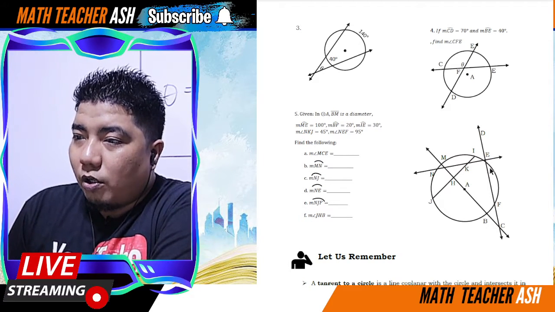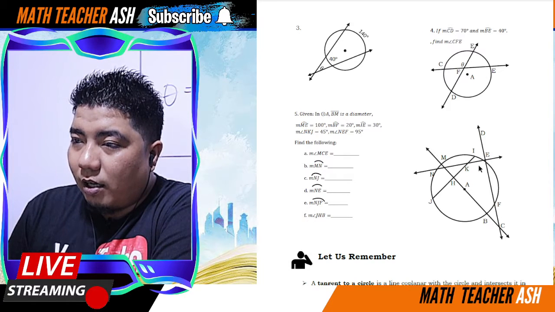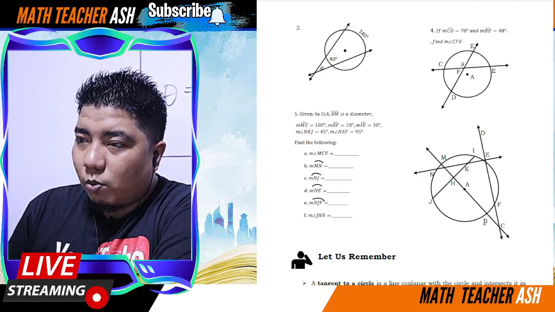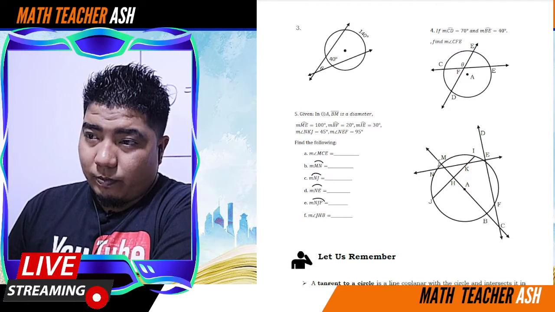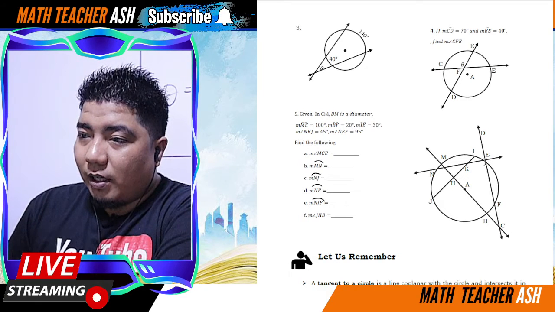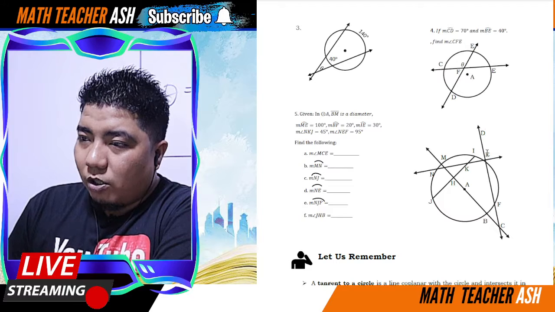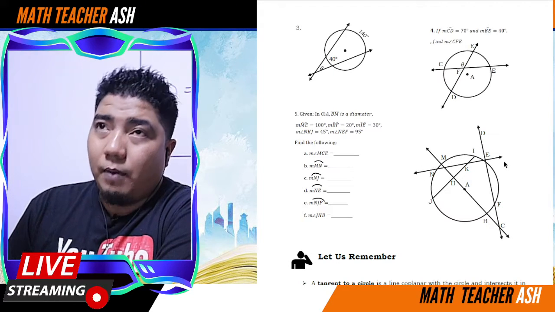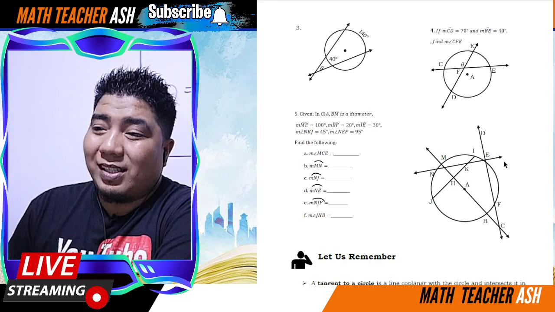Okay. So, if this is 95 degrees, okay? If this is 95 degrees, this is 190, right? Now, of course, ang counterpart ng 95 degrees, this is a straight line. This is 85 degrees, right? So, if this is 85 degrees, the whole arc here will be 170.